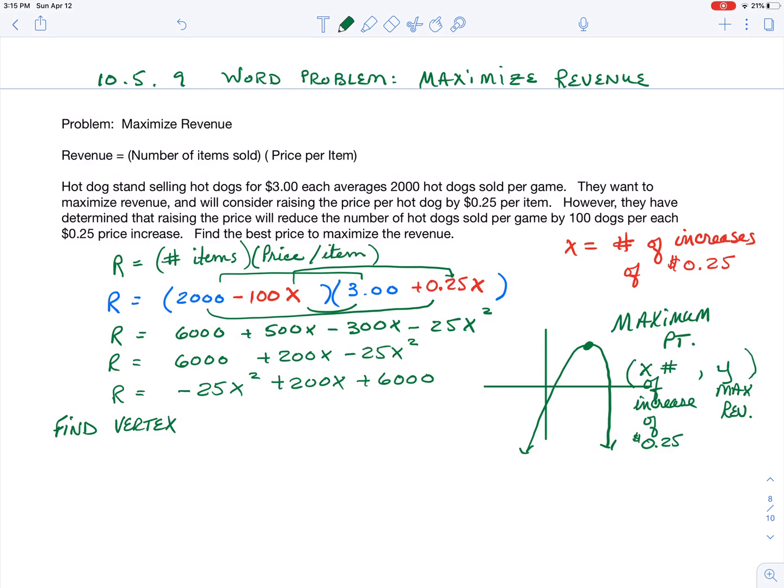And you have a couple of ways. You can do completing the square. You can do the little formula. I'm going to use the little formula. So X equals negative B, all right, B is the 200, over twice A, that's the negative 25.